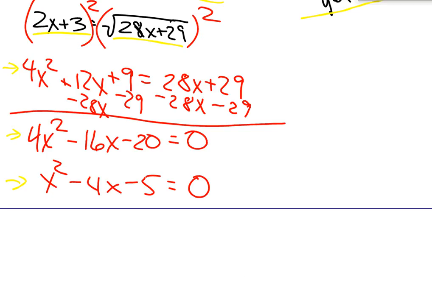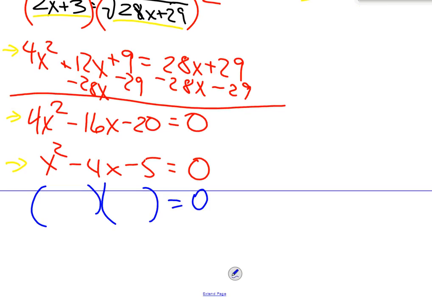So then our next step is to factor this if we can. And by all means, if you want to use the quadratic formula, that will work as well. So what multiplies to be x squared? x and x. I need something that multiplies to be negative 5 and has a sum of negative 4. And what is that?